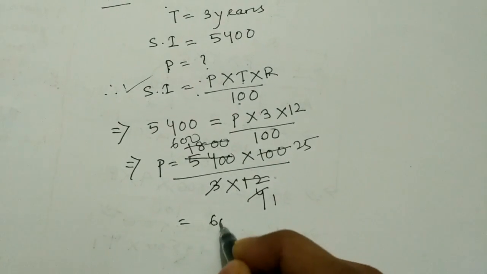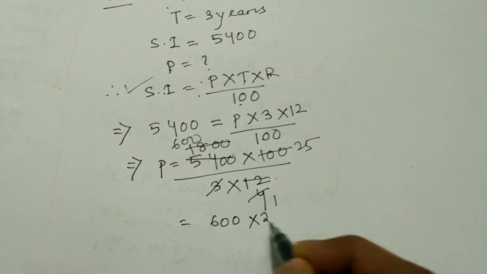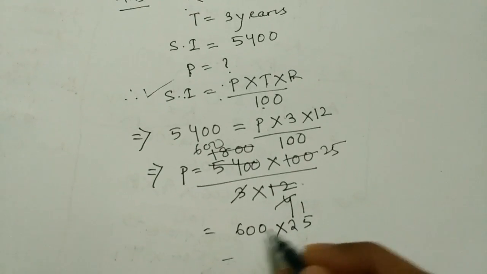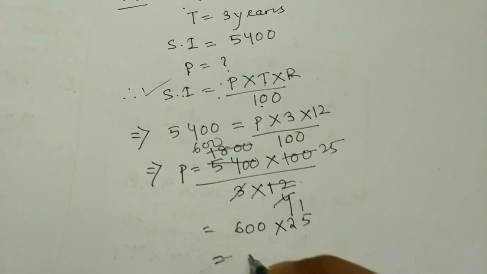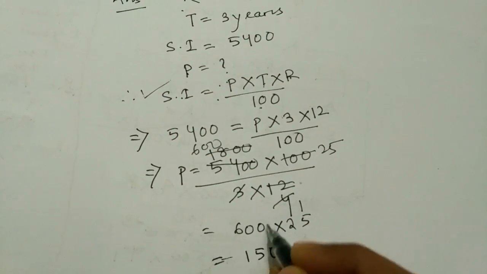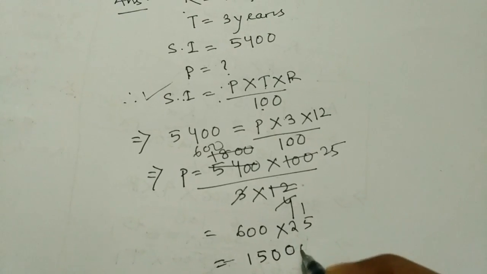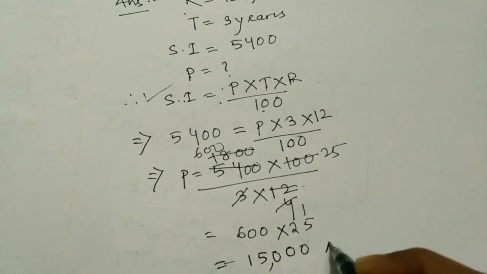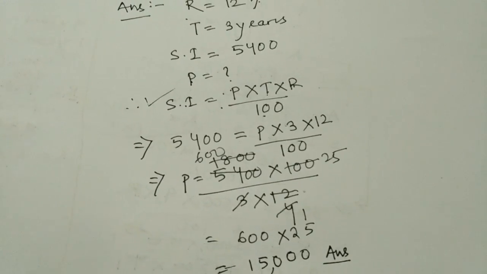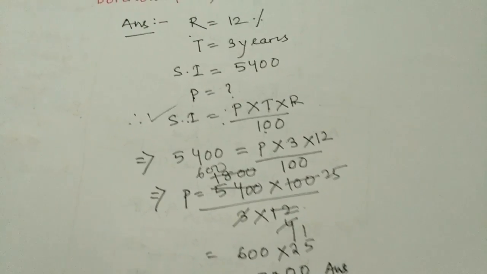So P will be 600 into 25. So 600 into 25, that is 6 into 25, that is 150, and there are two zeros, so put two zeros. So the principal value will be 15000, that is 15,000 rupees is the principal value.